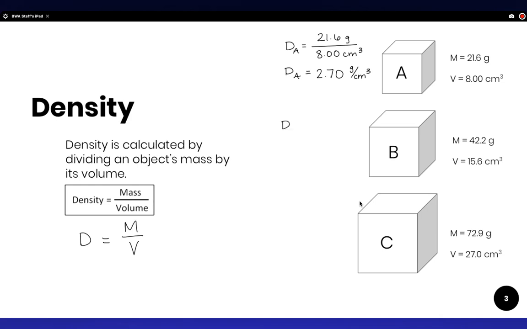The density of block B is equal to 42.2 grams divided by 15.6 centimeters cubed.